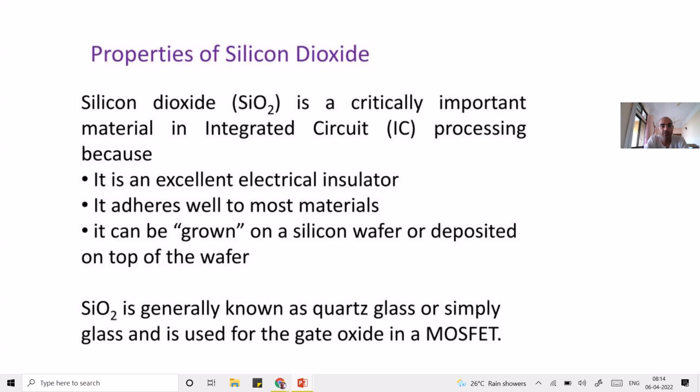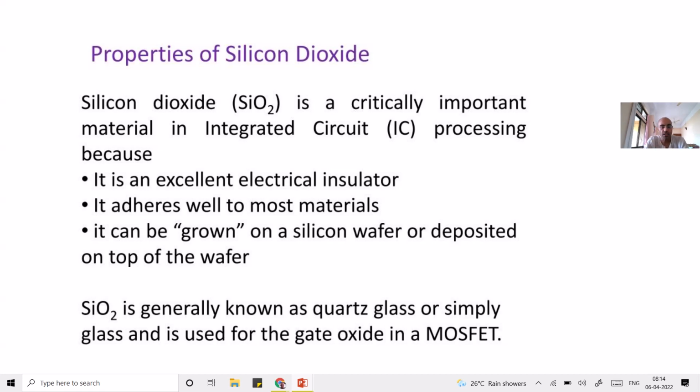And the other things like aluminium: when you have to make the metal contacts, you have to deposit the aluminium first. So let's see the properties of silicon dioxide and then silicon nitride, because they become important materials to protect the device.